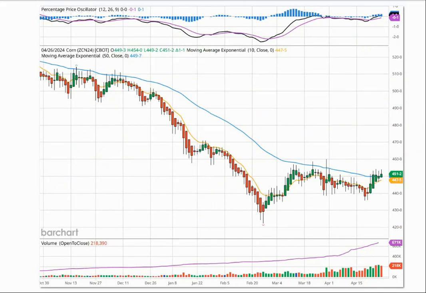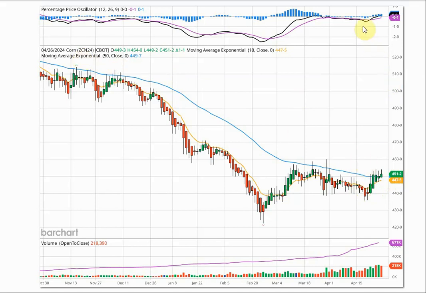Next is corn. What I don't have here is the wheat. Wheat has already moved up, broken up. Okay, corn and soybeans are lagging, but I think that both are starting to make a nice bottom here. And once it starts trading above both of the moving averages, and the moving averages have crossed, I think that is our indicator to go long, at least for the corn.